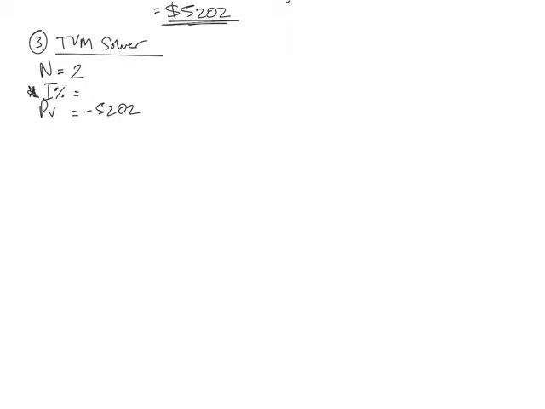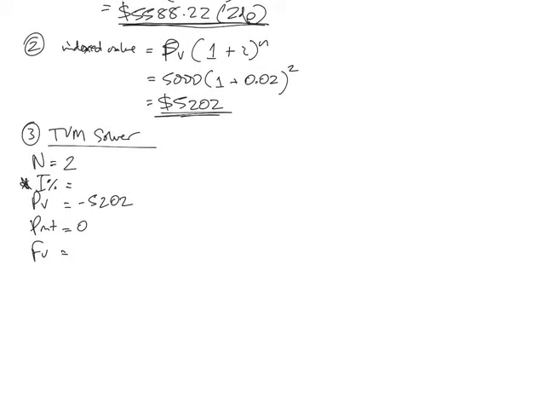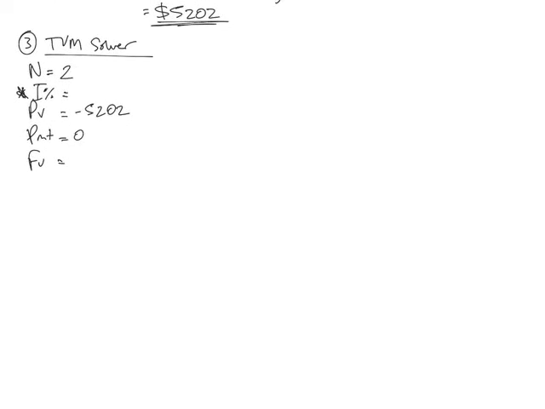PMT, we're not making any payments, so that will be 0. FV we said would be your FV from step 1, which was 5588.22 as a positive, and then PY and CY are both going to be 1.